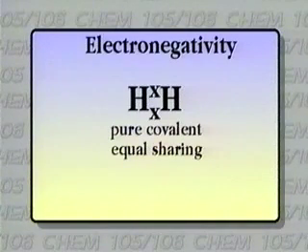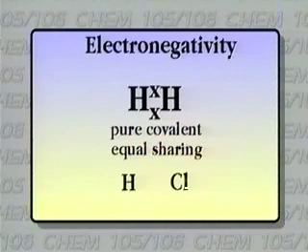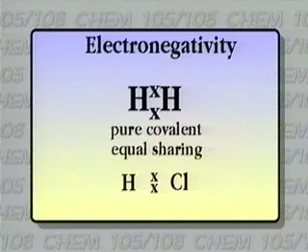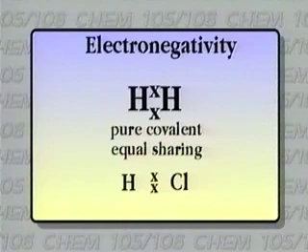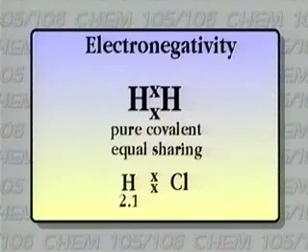But what happens if we bring together a hydrogen and a chlorine, for instance? When we bring together a hydrogen and a chlorine, we do form a bond here. But if we look at this electronegativity, the attraction for both of these to that pair of electrons, we find that they're not the same. Hydrogen has an attraction of 2.1. That's its electronegativity value. Chlorine has an electronegativity of 3.0.